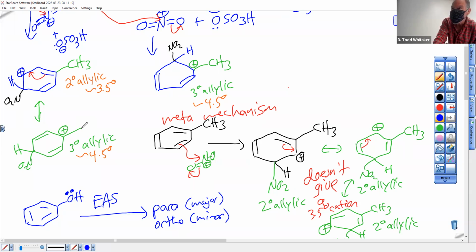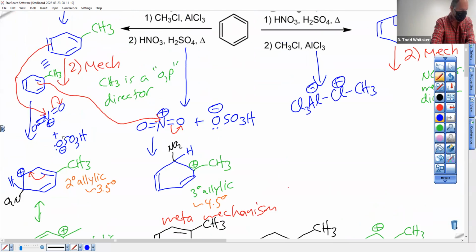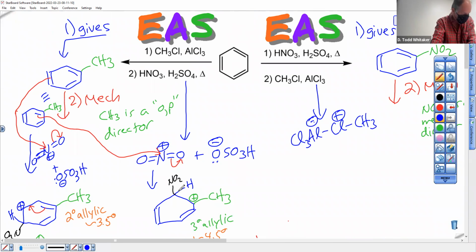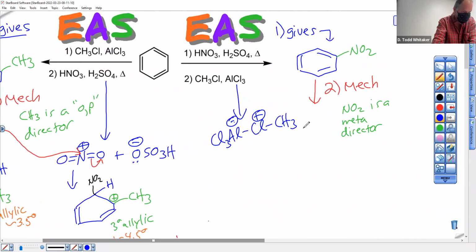Okay? So if you have a nitro on your benzene, are you going to make any ortho? Are you going to make any para? No, you don't want to risk having an N plus adjacent to a cation, which is what happens in the ortho and para mechanism. Do not put the next group ortho or para when you have a nitro on. This is a meta director. You will only get one result.